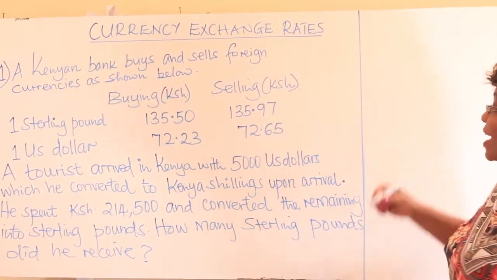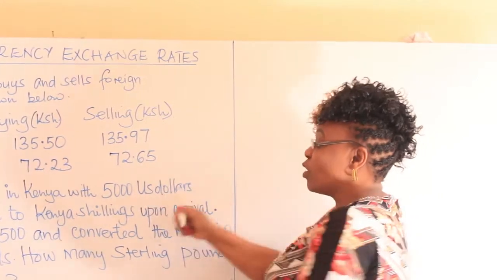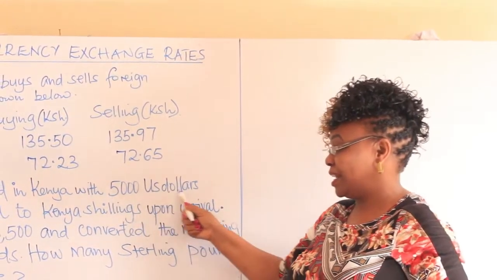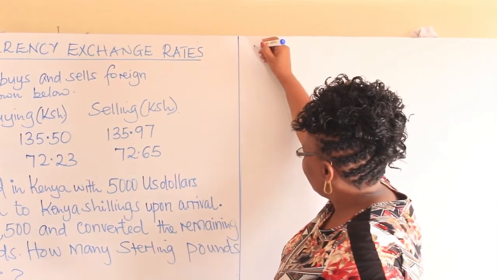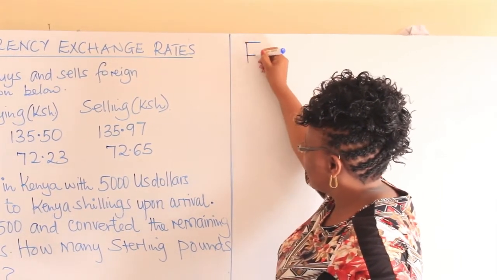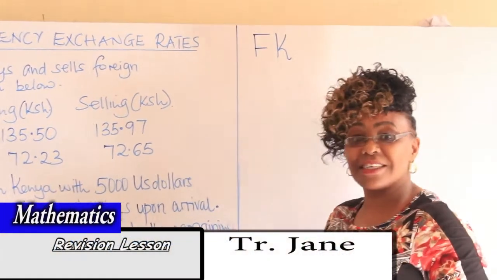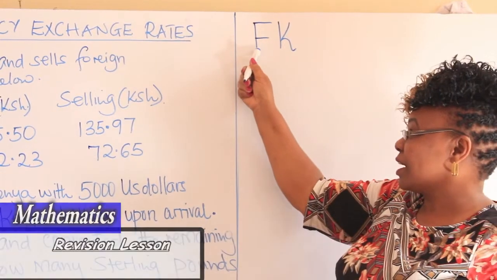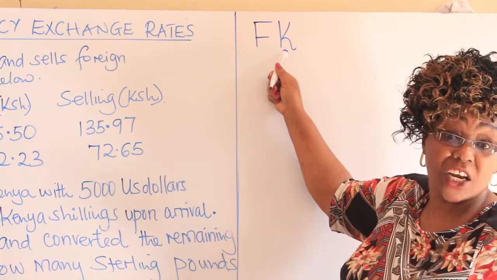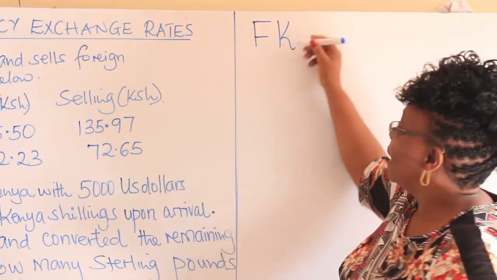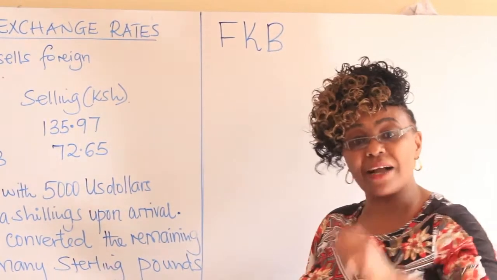There is a formula here, learner. I'm sure you have come across this. If you want to convert foreign currency, let me use capital F for foreign, into Kenya shillings, what does the bank do? It buys. We write a capital B. The bank buys.